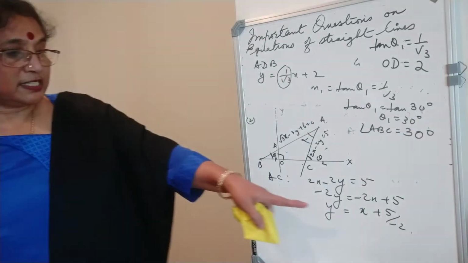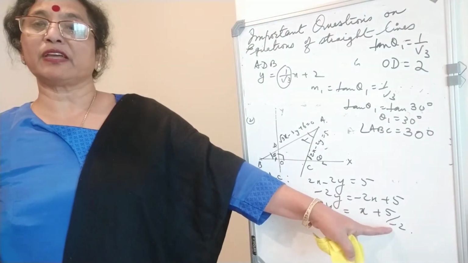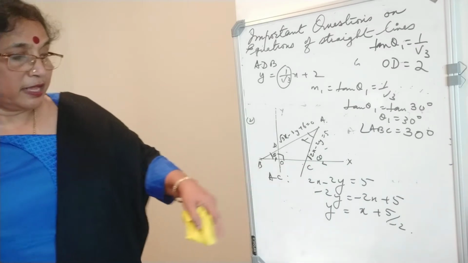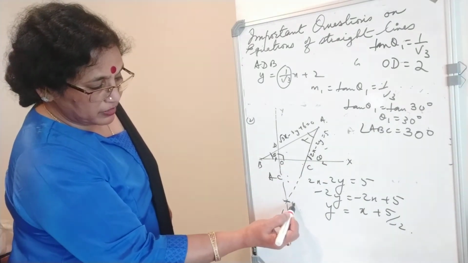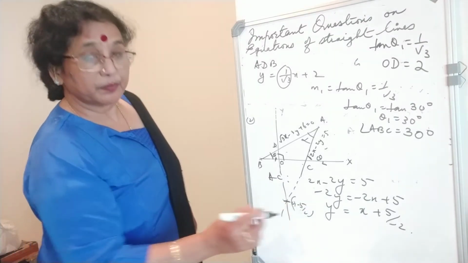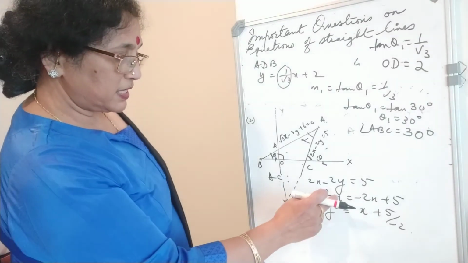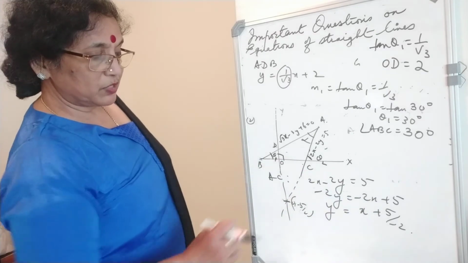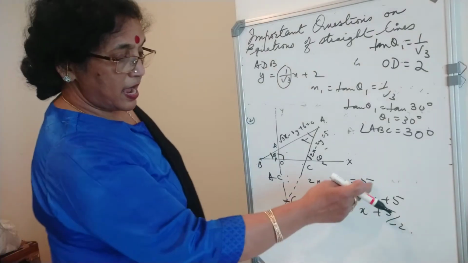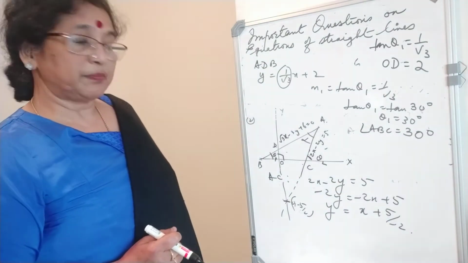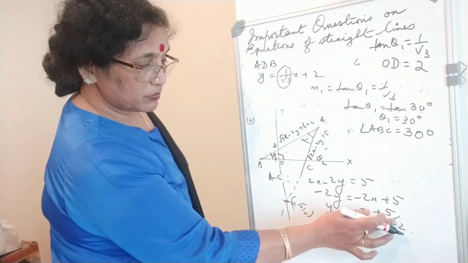So y-intercept is minus 2.5 of the second line AC. That means this point is 0, minus 5 by 2. Okay, you can see it. So when I make y the subject, I get slope as 1, the coefficient of x is 1, and the y-intercept is minus 5 by 2.